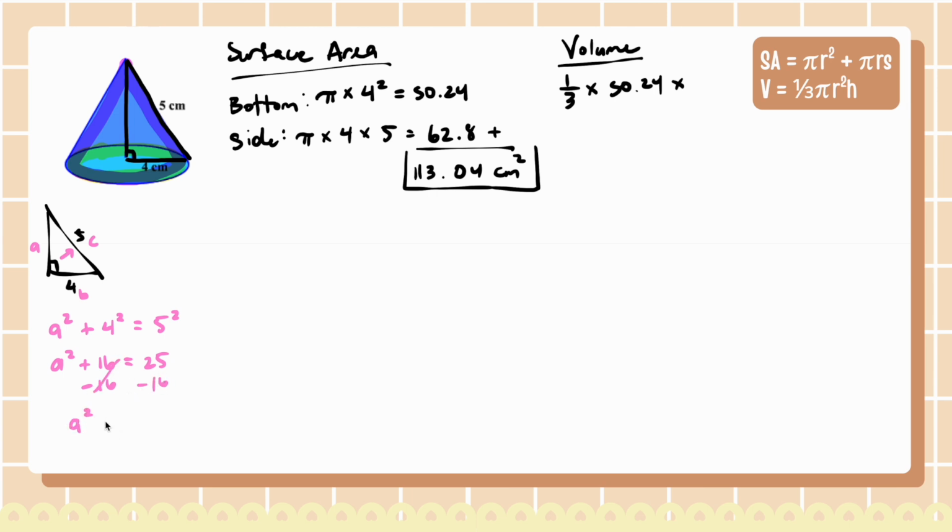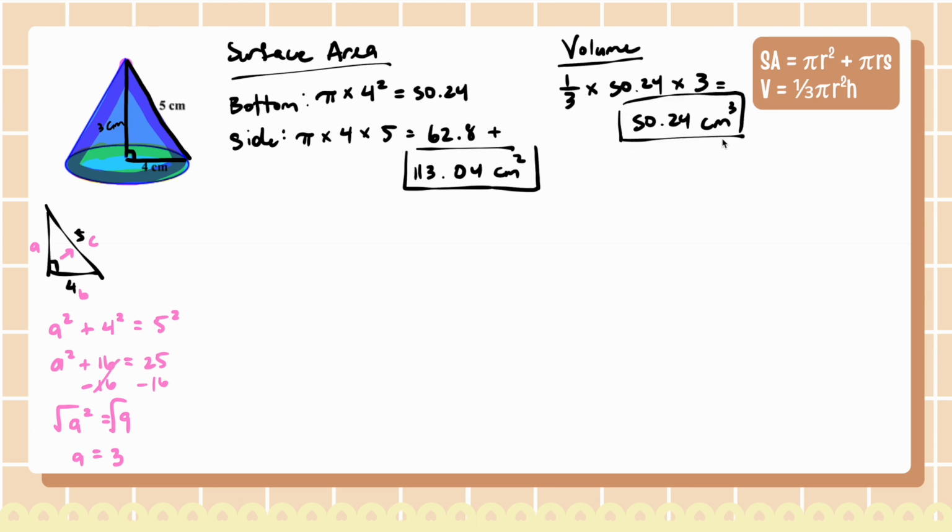All I'm left with on this side is A squared is equal to 25 minus 16 is 9. If I take the square root of both sides, all I'm left with now is A is equal to 3. So that means this height right here is going to be 3 centimeters. And that's what I'm going to be plugging in right here. So times 3, all of this multiplied is going to get me 50.24 centimeters cubed. And that's my volume.